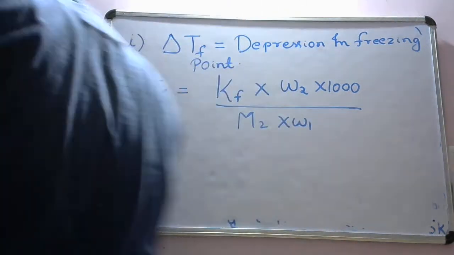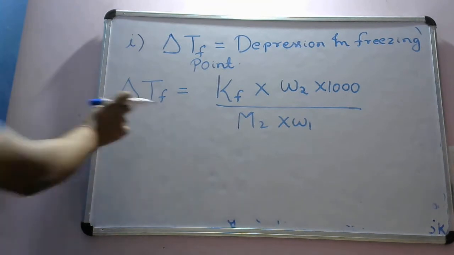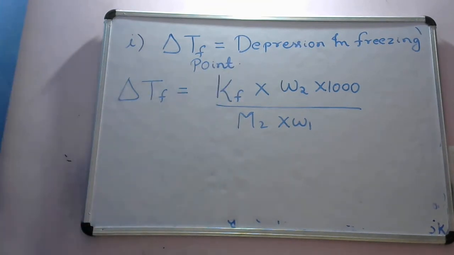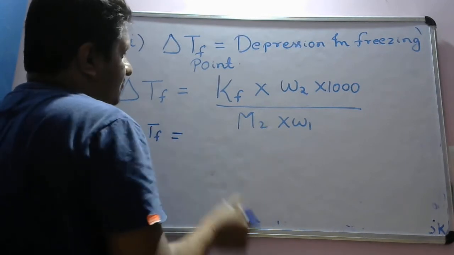It is very similar to elevation in boiling point. Only thing is we are putting delta Tf and Kf. Rest all is similar. This is the formula. We will simply substitute the values to calculate delta Tf.